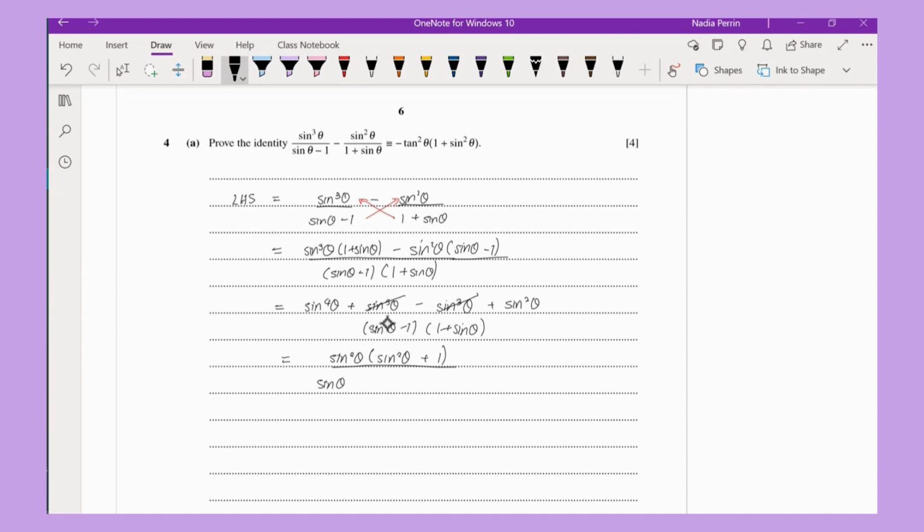Sine theta times 1 plus sine theta times sine theta minus 1 times 1 minus 1 times sine theta. So those cancel out. What you'll notice on the bottom is that that is the difference of two squares. So remembering like x squared minus 9 is the difference of two squares, it would become x plus 3 and x minus 3. So as long as each thing's a square, I can square root each one.